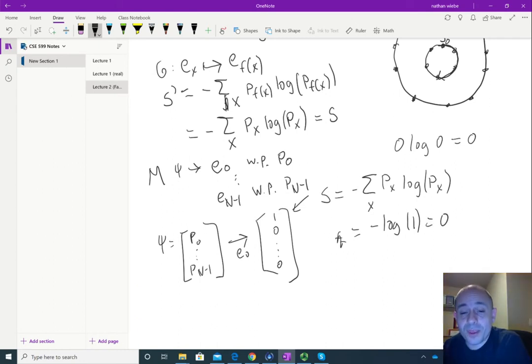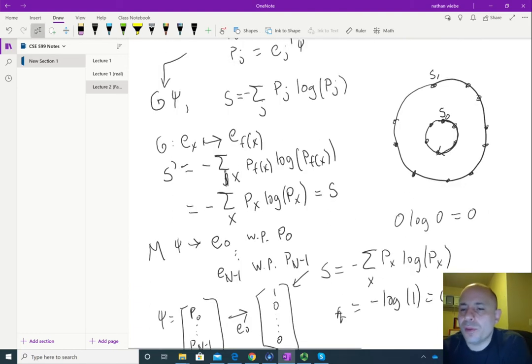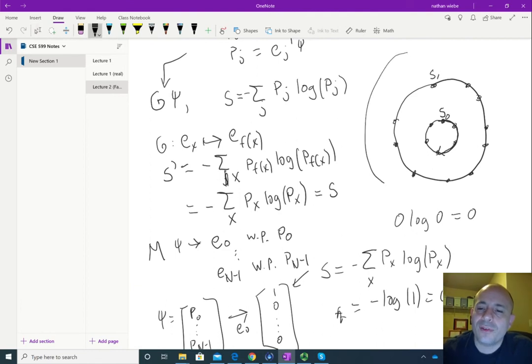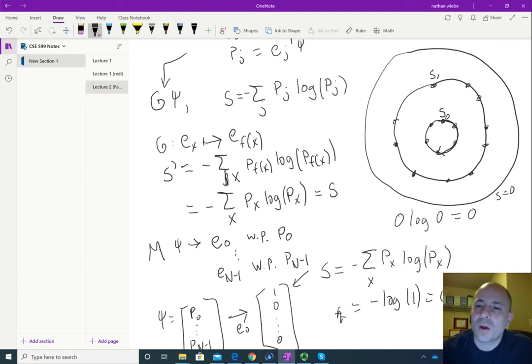Great. So what this ends up saying is that measurement, from this perspective, if we view this in reciprocal and view this as the 0 entropy ring up here, where you would have E0 maybe here, E1 there, this would map you back up to these vectors over here.